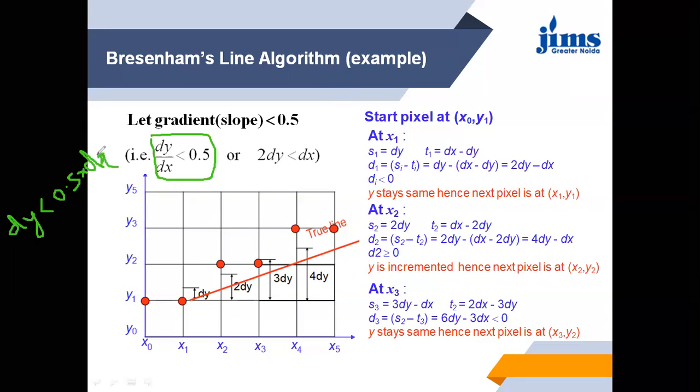To make this an integer value, I multiply both sides by 2, that is 2 delta y or 2 dy is less than 0.5 multiplied by 2, that is 1, times dx. So in this case, 2 dy is less than dx.